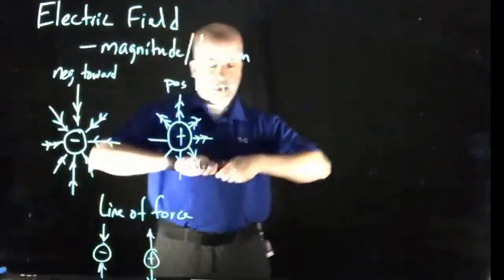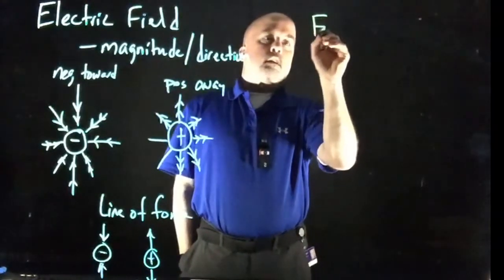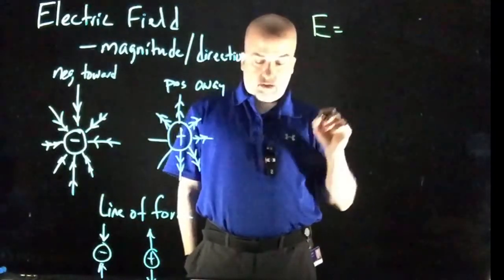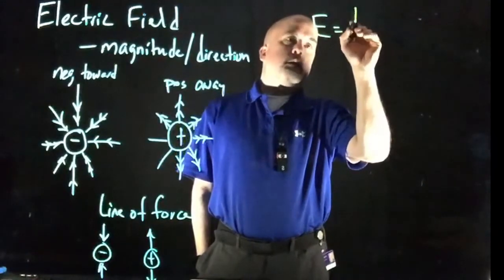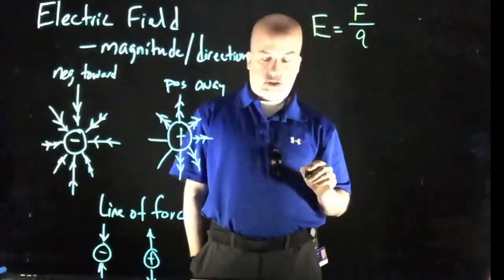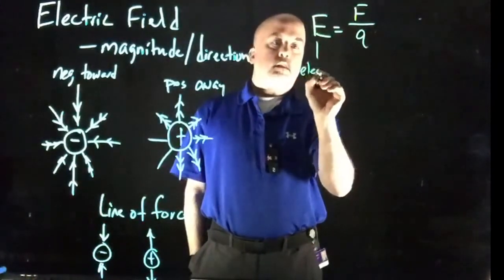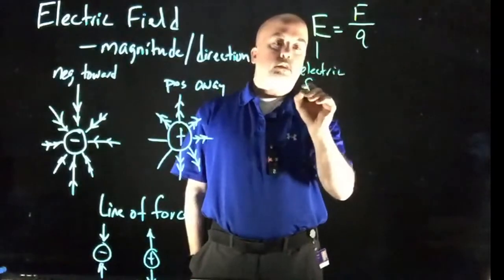So let's take a minute and look at the electric field equation. My electric field equation is E is equal to force over charge. Okay? So this E tells me the electric field.